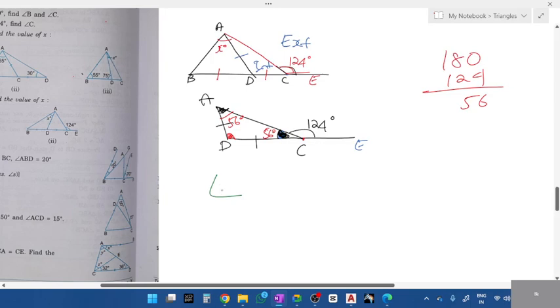If exterior is given, ACE will be equal to how much? Interior opposite angles, angle A plus angle D.